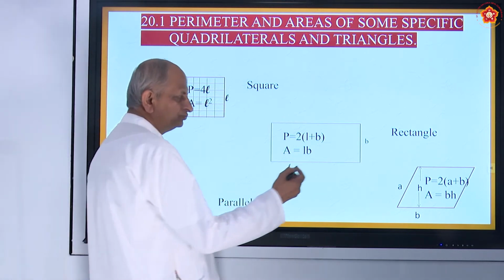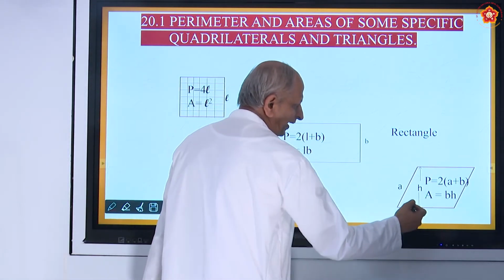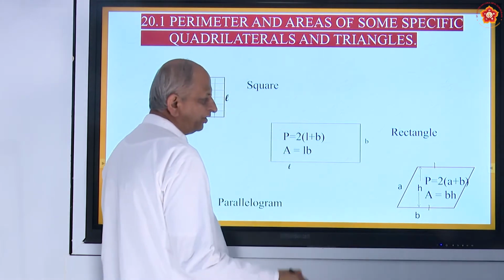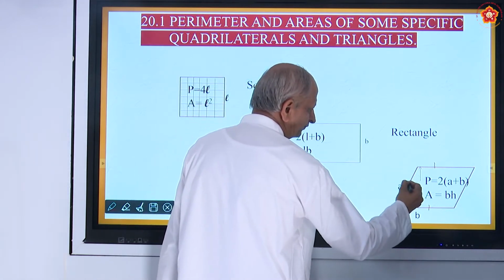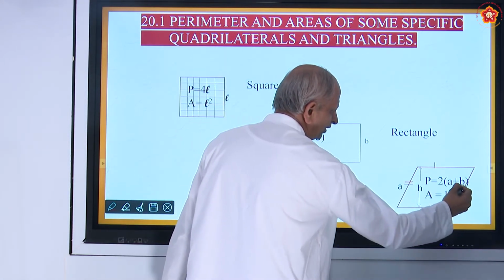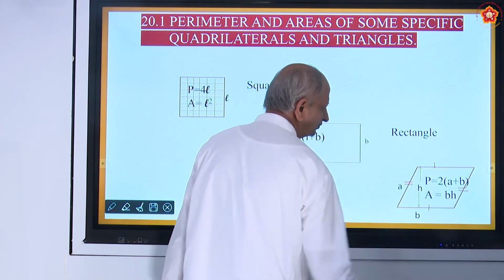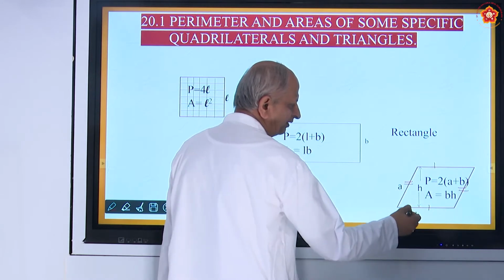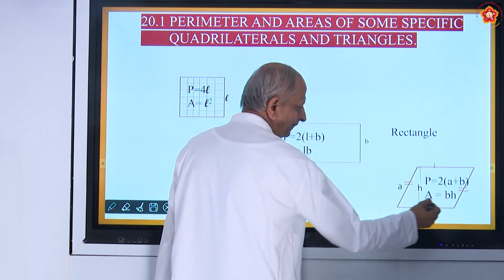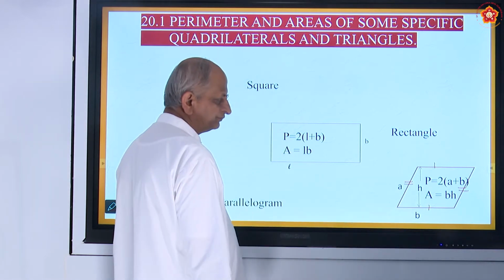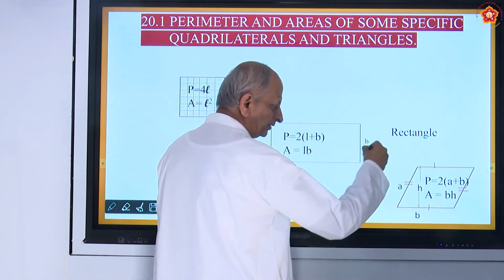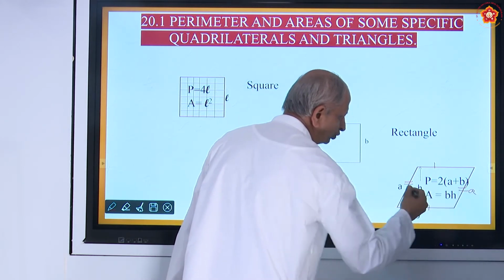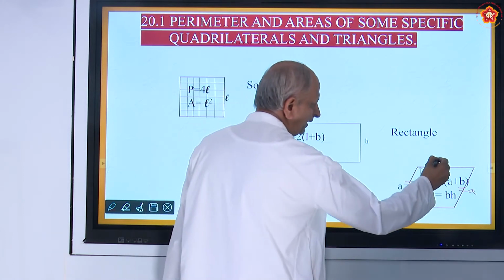So here, in a parallelogram opposite sides are equal. There will be 2 pairs of opposite sides. So these 2 opposite sides are equal, and the area of a parallelogram is given by base into height, BH, and the perimeter is given by the formula: A here and A here, so 2A, and B and B, 2B.